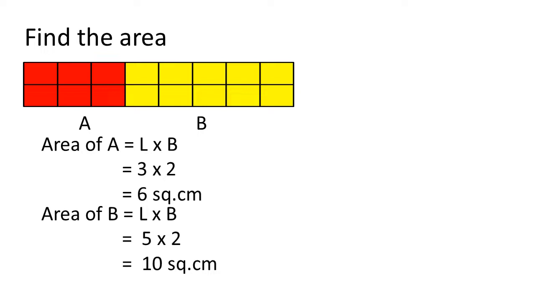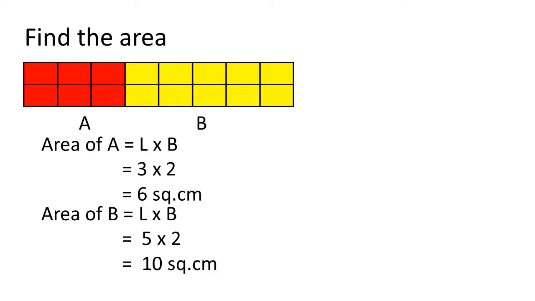Then let us find out the area of rectangle B. Area of B is equal to length into breadth. Again, length is 5. How? You can count 1, 2, 3, 4, 5. There are 5 squares. Each square is of 1 centimeter. So total 5 squares, so 5 centimeter.